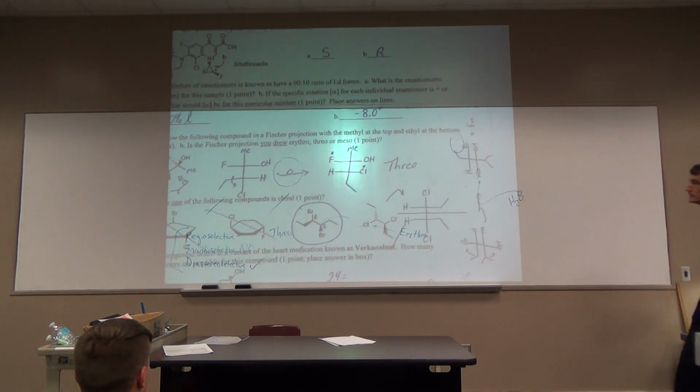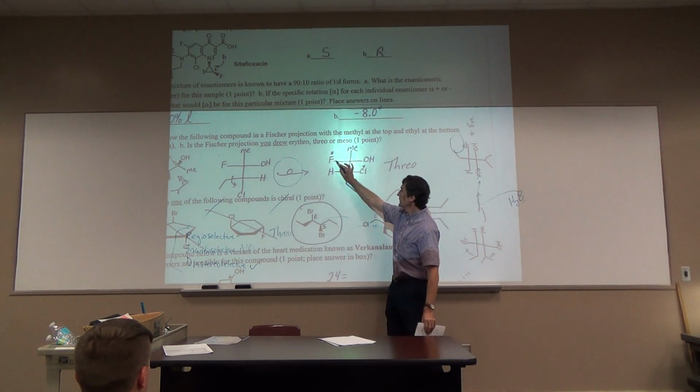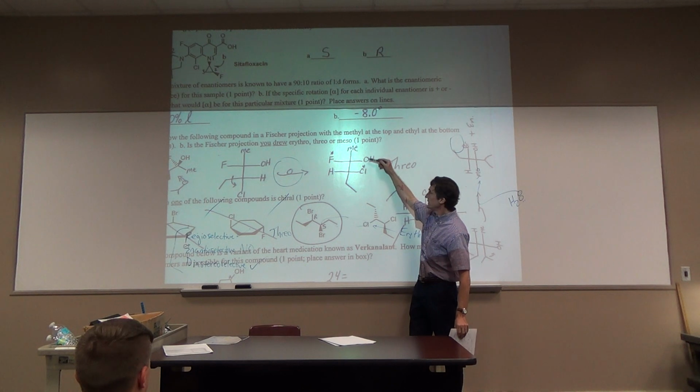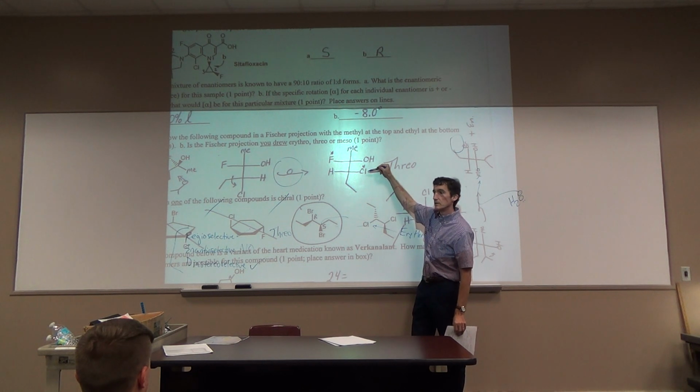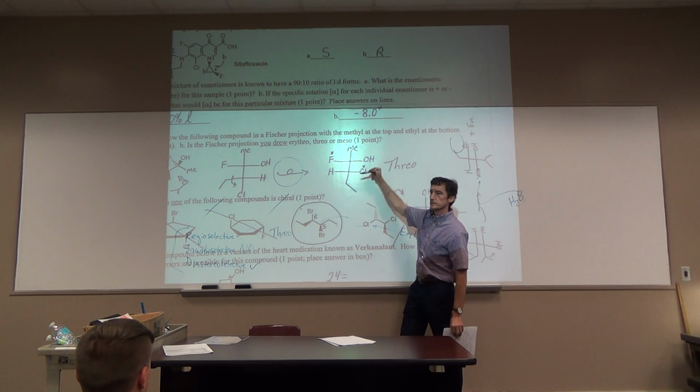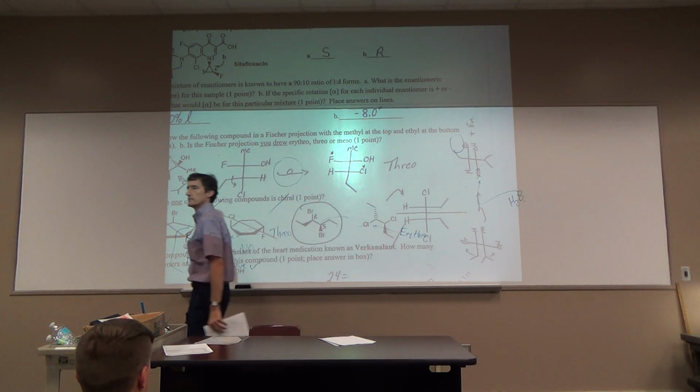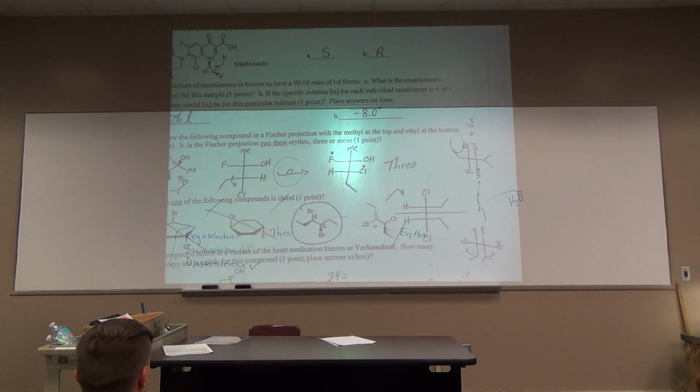Number 3? Yeah. If you just put the F here and the OH there, you would have erythro. Why do you have to rotate? I wasn't sure if you had to rotate the whole thing or if. Well, if you just rotate it, you're not making the change.